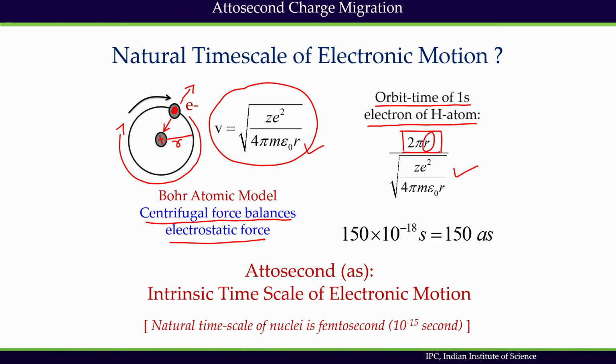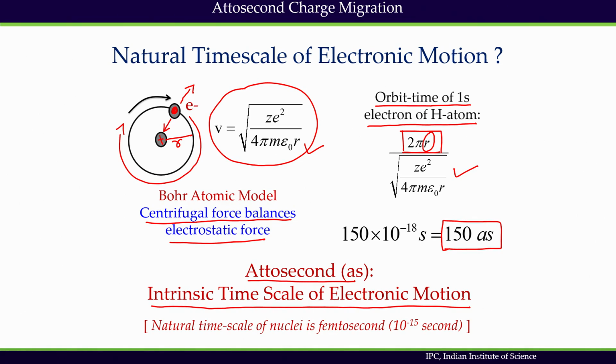If we calculate that orbit time, then we very easily get this number, 150 attosecond. 150 attosecond is going to be the natural time scale of the electron which is orbiting around the nucleus, and that's why attosecond is considered to be the intrinsic time scale of electronic motion.